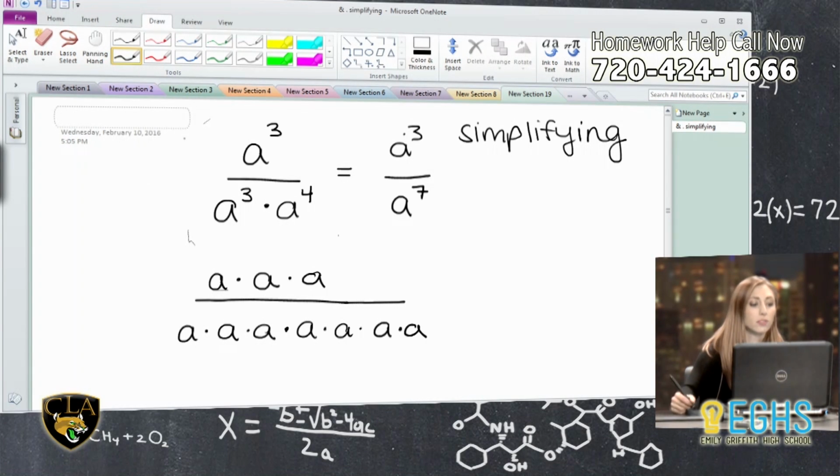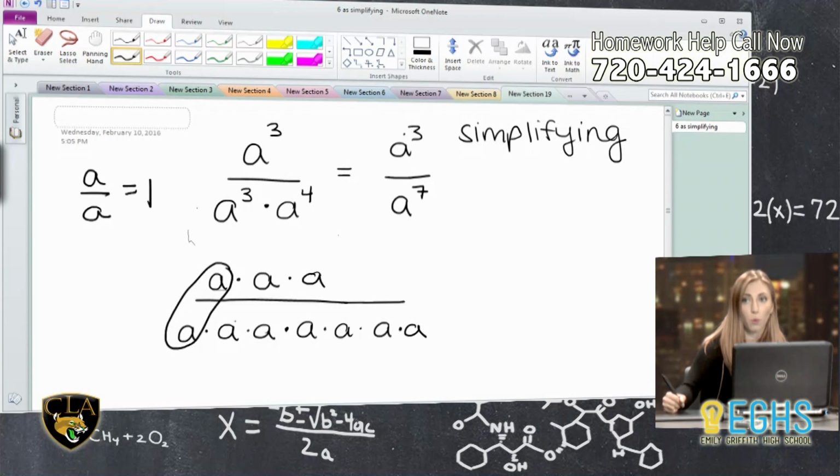Another thing that we can do to simplify is get rid of things that are unnecessary. And what I mean by that is anytime you have a number divided by itself, or even a variable divided by itself, that always equals 1. And so if you think about this here, a over a, that just equals 1.